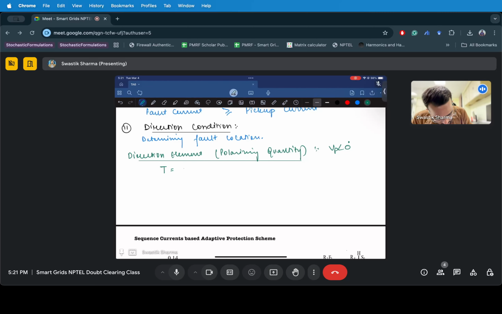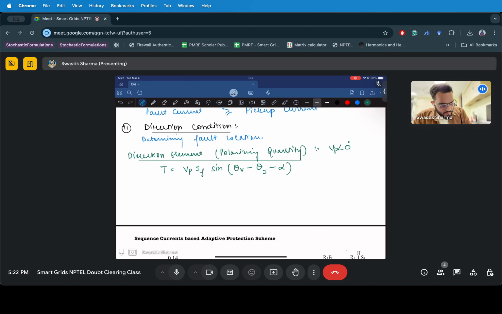So if T, the torque quantity, is written as something like this: Vp times If times sine of theta V minus theta I minus alpha. So we'll talk about each component.